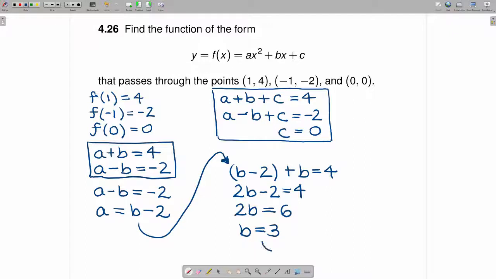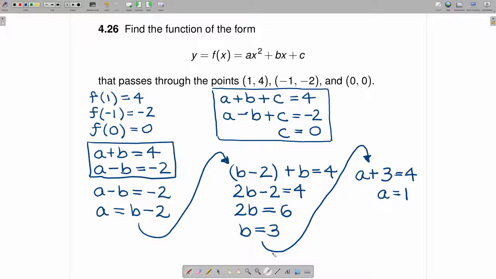So a plus b, and b happens to be 3, is equal to 4. The way you solve that equation for a is you subtract 3 from both sides. When you subtract 3 from the left-hand side, you get a. When you subtract 3 from the right-hand side, you get 1.